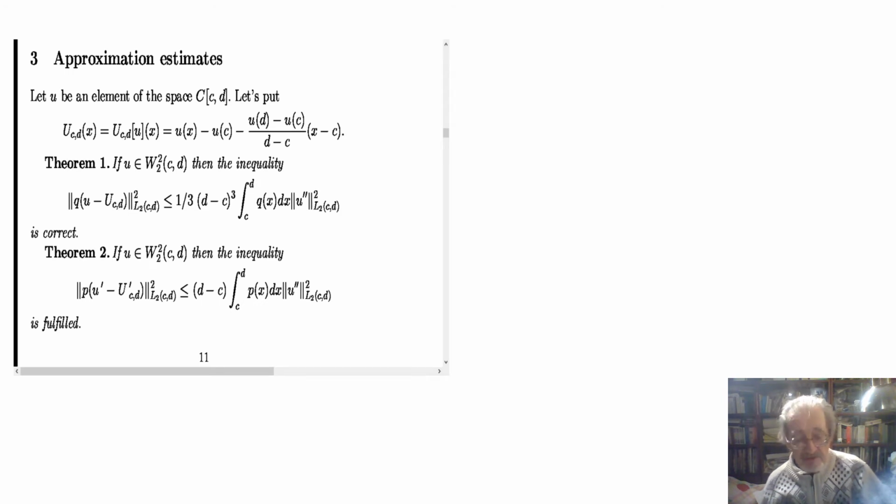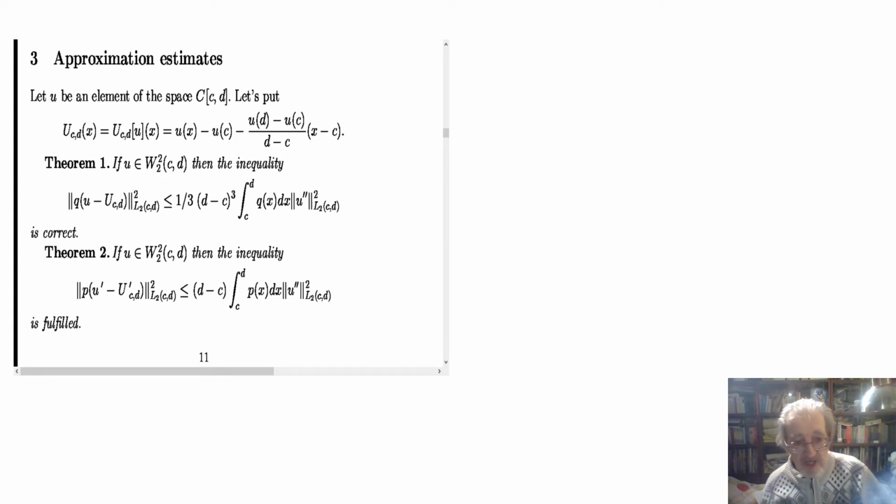Approximation estimates. The third subsection contains approximation estimates needed for what follows.